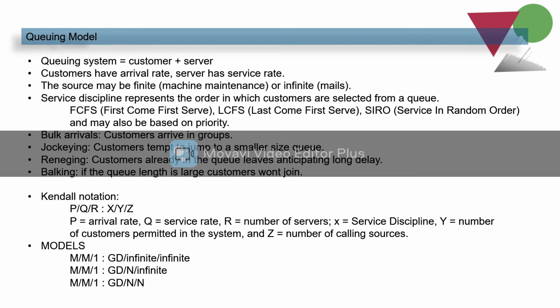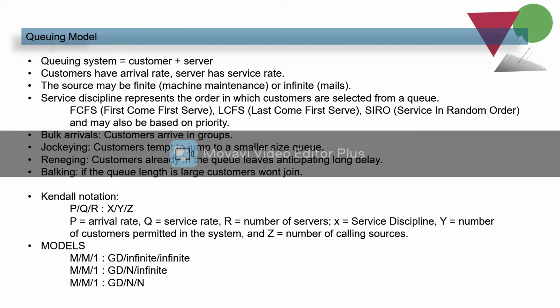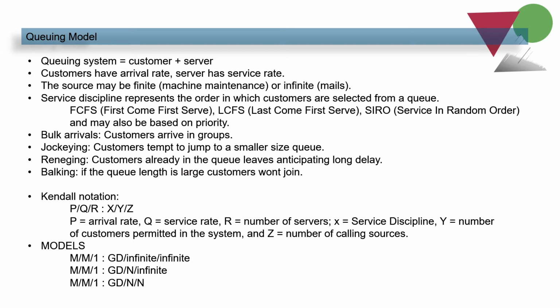Then a source may be finite or infinite. It will be finite in case of machine maintenance, as they may be allotted to a maintenance crew, and infinite in case of mailing systems. Then service discipline, it represents the order in which customers are selected from a queue: FCFS, LCFS, SIRO, first come first serve, last come first serve, and service in random order, and may also be based on priority.